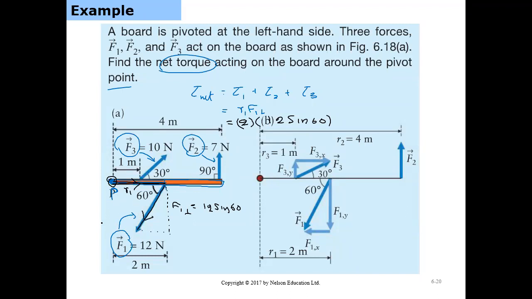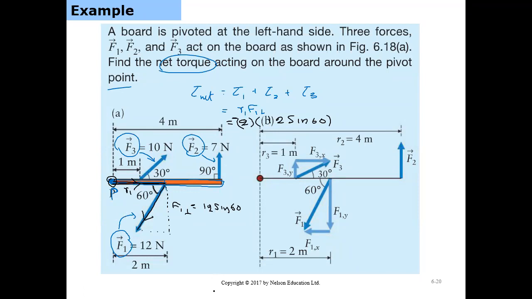And which direction that 12 Newton force is trying to rotate this board? Counterclockwise or clockwise? Clockwise. So it is negative, right? So clockwise turning effect, you put minus sign. Clockwise is negative. Okay. Counterclockwise turning effect will be positive.